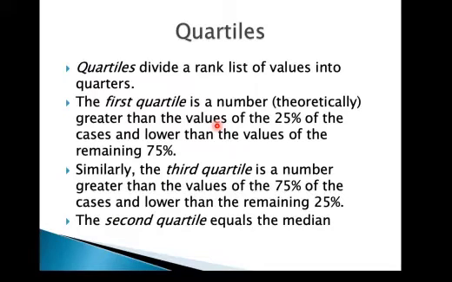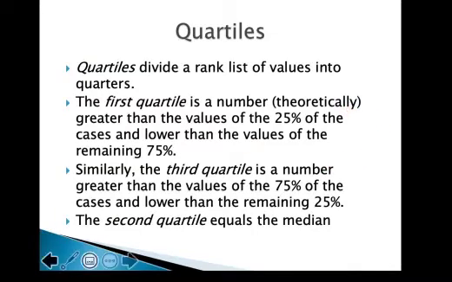Now, the first quartile is that number, theoretically, greater than the values of 25% of cases and lower than the values of the remaining 75% of cases.